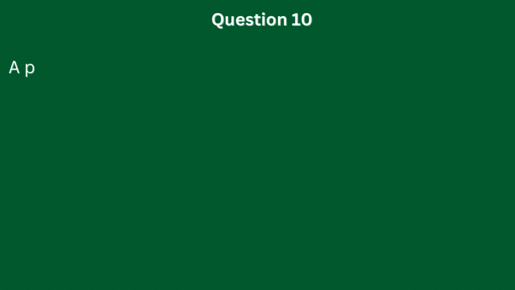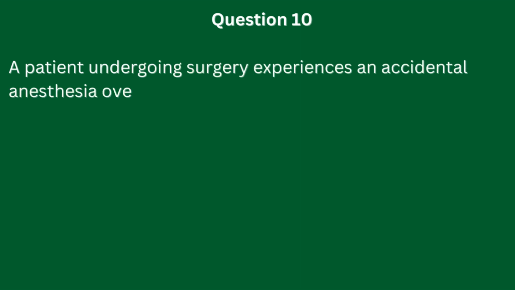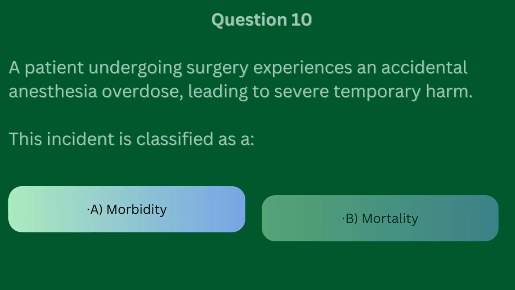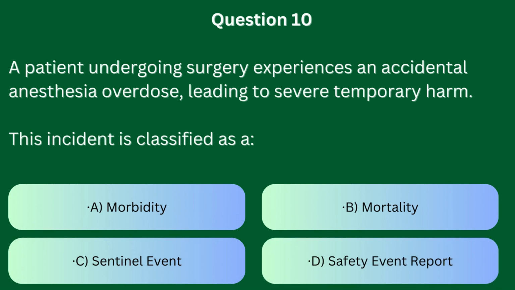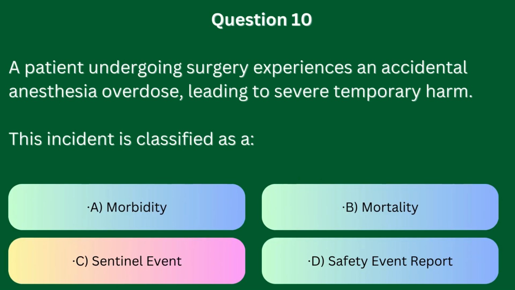Question number 10. A patient undergoing surgery experiences an accidental anesthesia overdose, leading to severe temporary harm. This incident is classified as A. Morbidity, B. Mortality, C. Sentinel event, D. Safety event report. The correct answer is C. A sentinel event is an event that results in death, permanent harm, or severe temporary harm not primarily related to the natural course of the patient's illness.